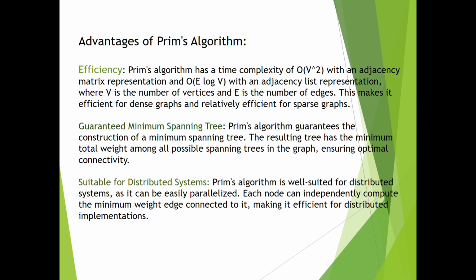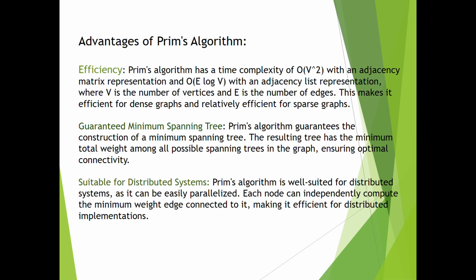Guaranteed minimum spanning tree: Prim's algorithm guarantees the construction of a minimum spanning tree. The resulting tree has the minimum total weight among all possible spanning trees in the graph, ensuring optimal connectivity.